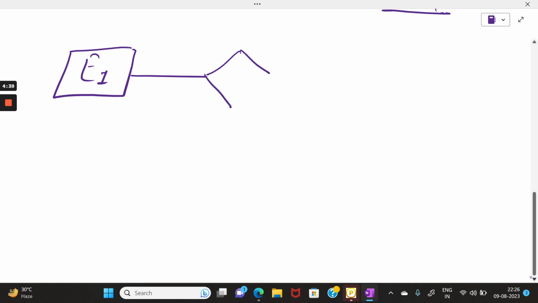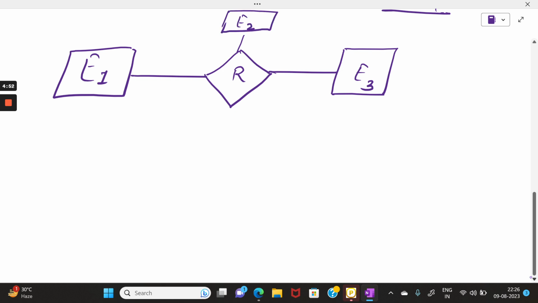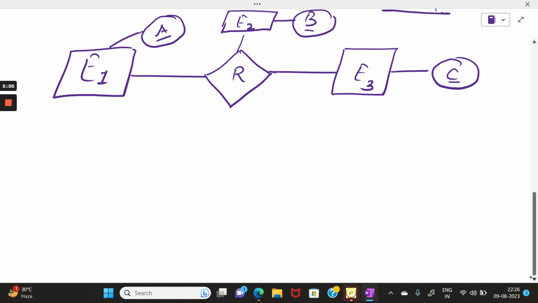Let's come to the second example. Suppose this is an entity set E1, we have a relationship set R, and we have other entity sets E2 and E3. Here the key attribute is A, here the key attribute is B, and here the key attribute is C. Please note that this is a many to many mapping.